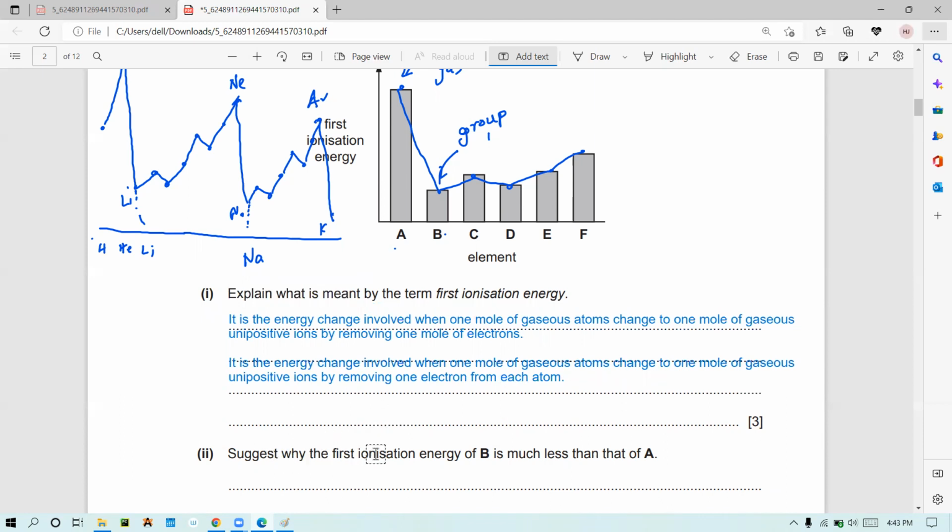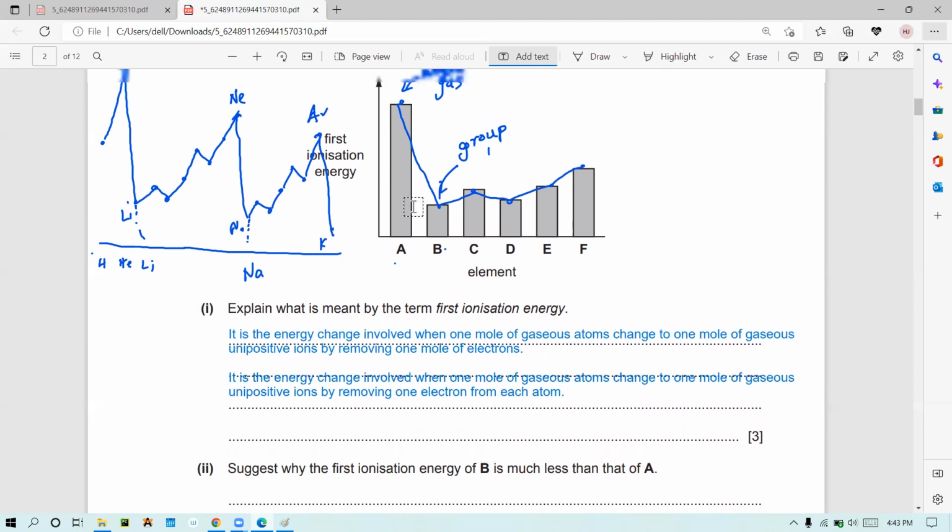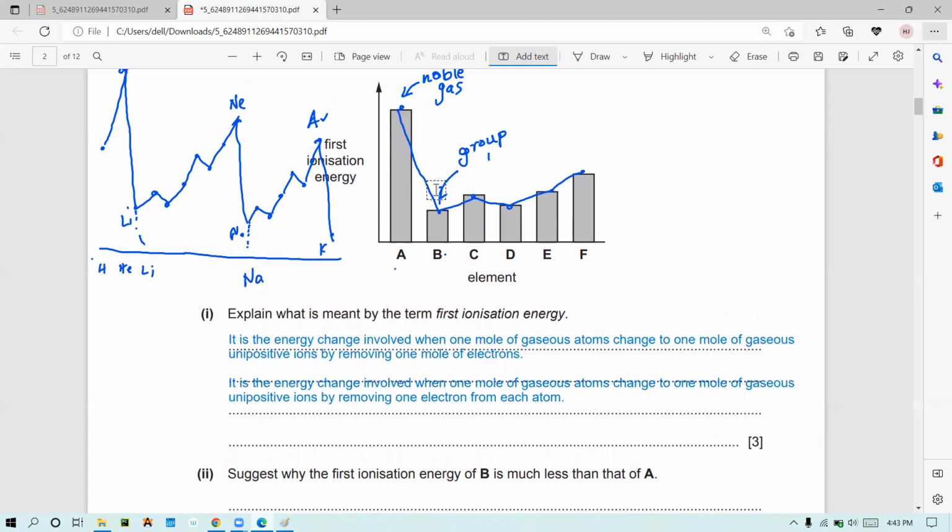Suggest why the first ionization energy of B is much lesser than that of A. See, A is a group 8 element, a noble gas. B is a group 1 element in the next period.